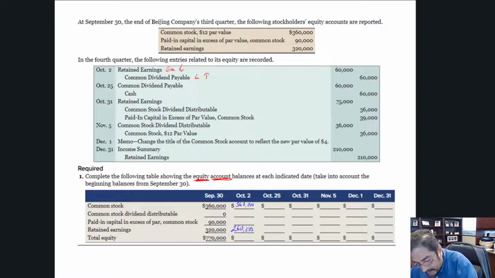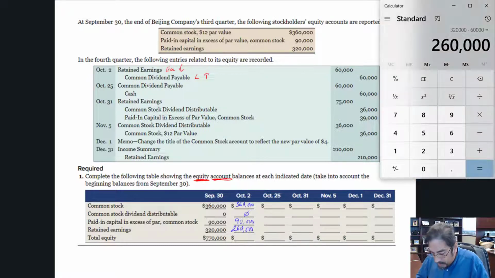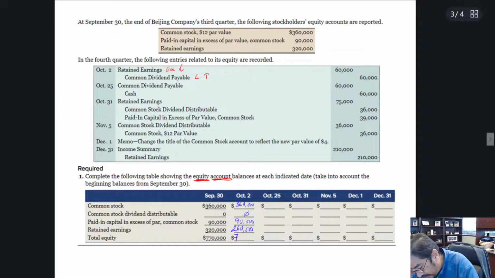Common stock dividend distributable is if this had been a stock dividend instead of a cash dividend. So nothing changes there. And paid in capital in excess, nothing changes there. So now our total is the 360 and the 90 and 260 for $710,000.